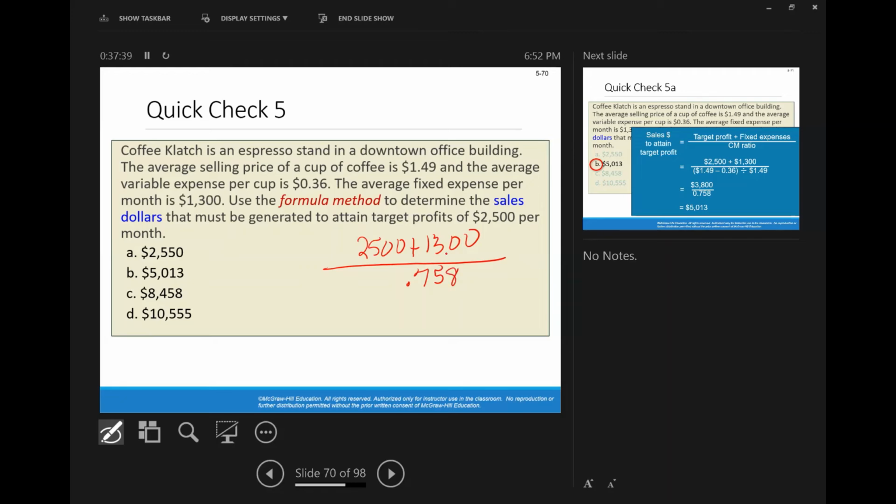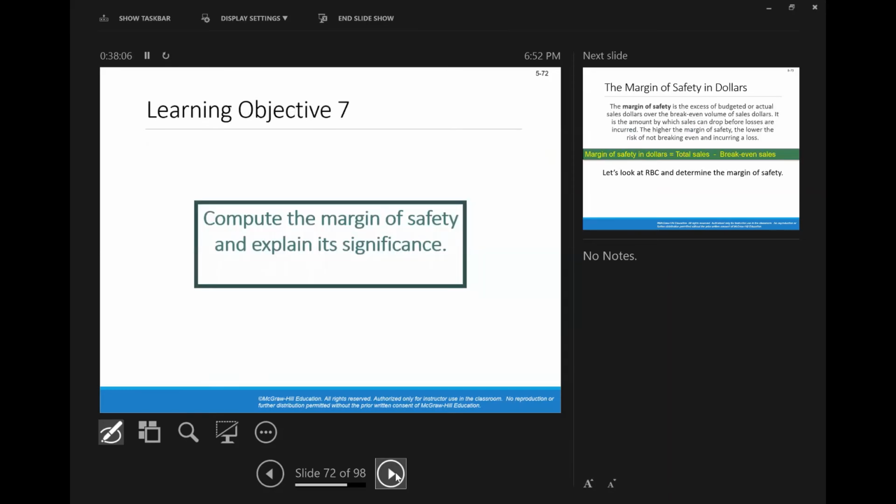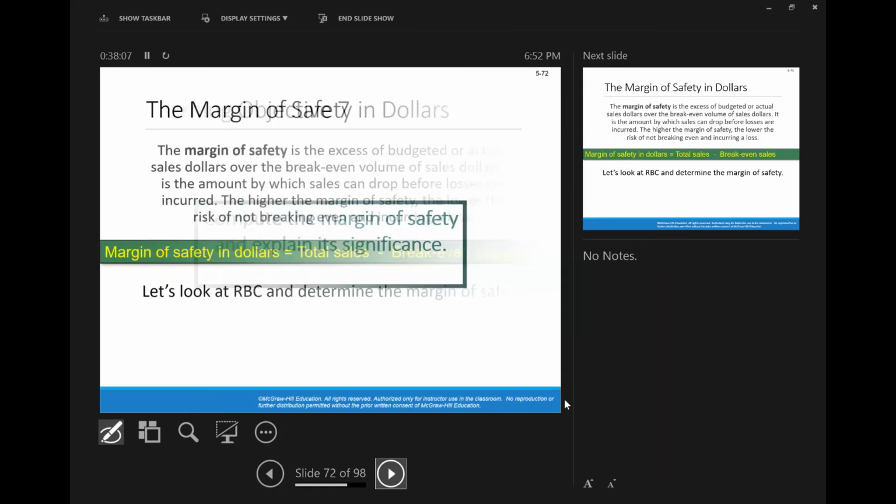Remember, that's the contribution margin divided by the sales price, so it's the 113 divided by 149. That's where that 0.758 came from. When you do the math on that, you get 5,013. They break it down on the slides for you, so if you get confused on homework, you want to go back to these.